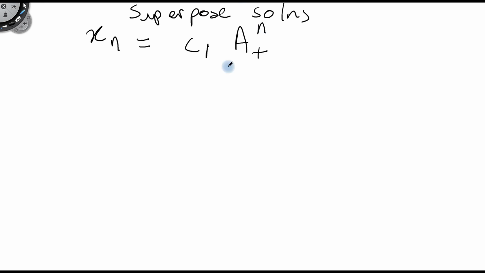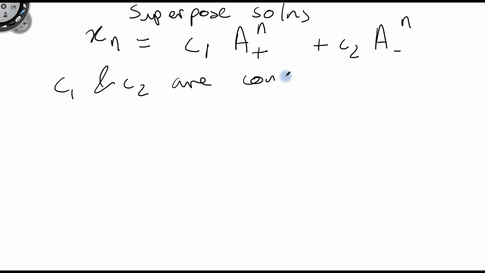So remember, your amplification factor is multiplying through the solution at any step. So to get the solution at any step, you just take the amplification and do it to the power of n. Plus C2 a minus. And so C1 and C2 are constants set by initial conditions.